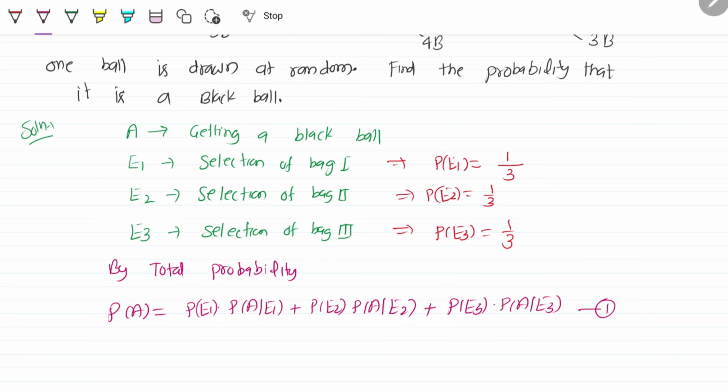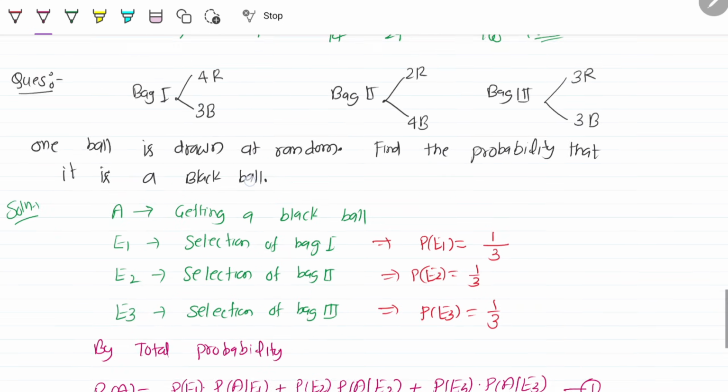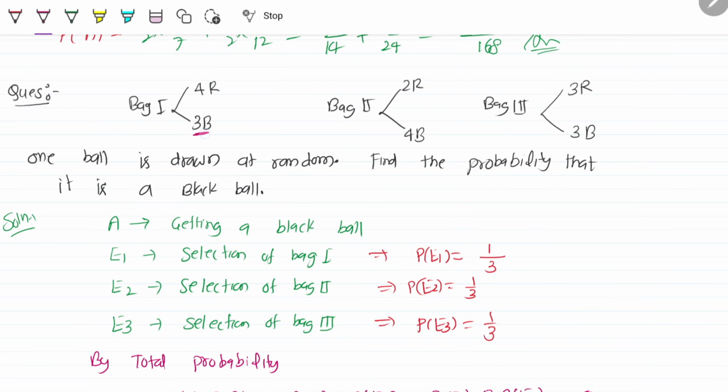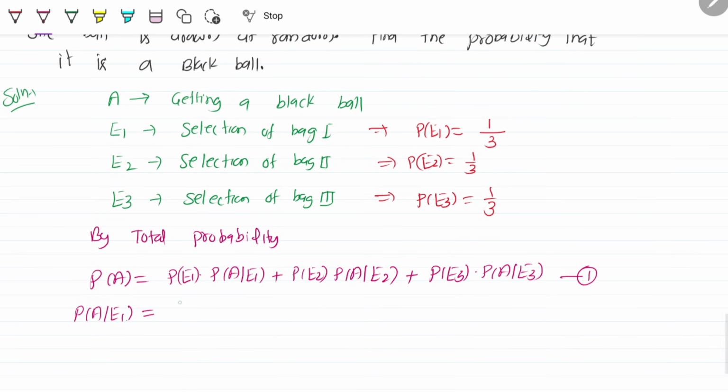Okay, so this is your equation 1. So it means you need PA by E1. How to read PA by E1? PA by E1 means black ball from bag 1. So in bag 1, how many black balls? 3 black balls, total 7, 4 plus 3. It means PA by E1 answer will be 3 by 7.